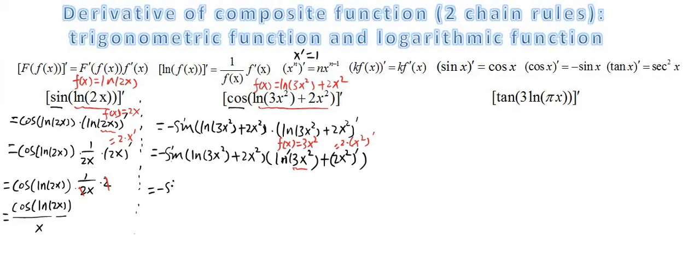We have sine ln 3x squared plus 2x squared, and this guy is gonna be 1 over f(x), so 1 over 3x squared times the derivative of f(x).